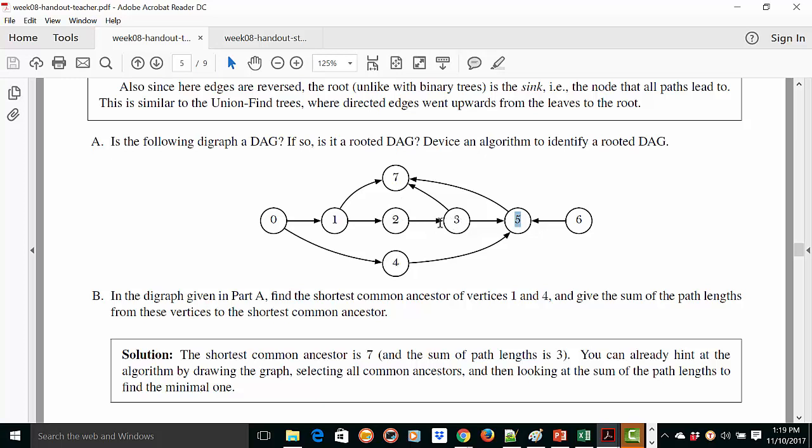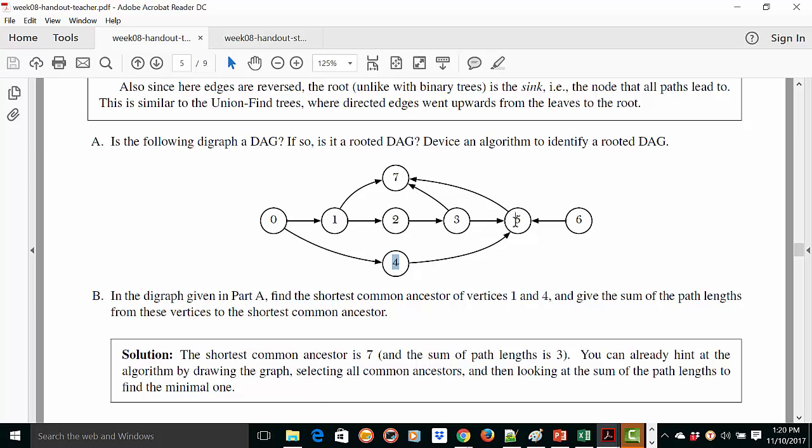This is like 2 distance from 1. It's like 3 distance. So we have a list of distances to all the vertices that we can reach from 1. From 4, we do the same thing. So all the vertices we can reach from 4, this would be 1, this would be 2. So we have a list of distances from 4 to every vertex that it can reach.